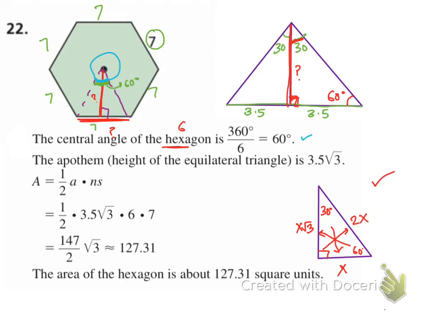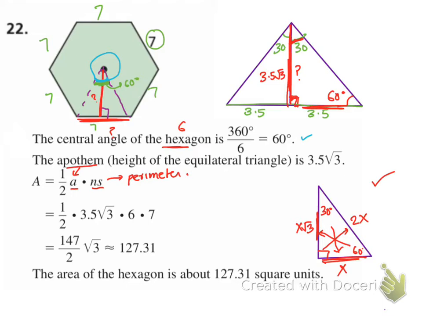We apply the same. So this is x and this is x root 3. Same way, this is 3.5. So this is going to be how much? 3.5 root 3. We got our apothem. We have everything needed here. This is the apothem and this is our perimeter.